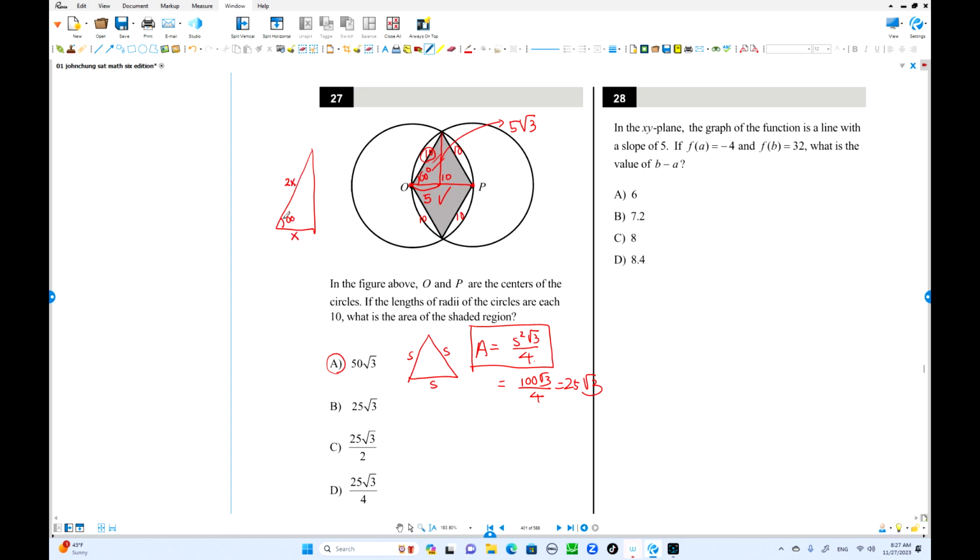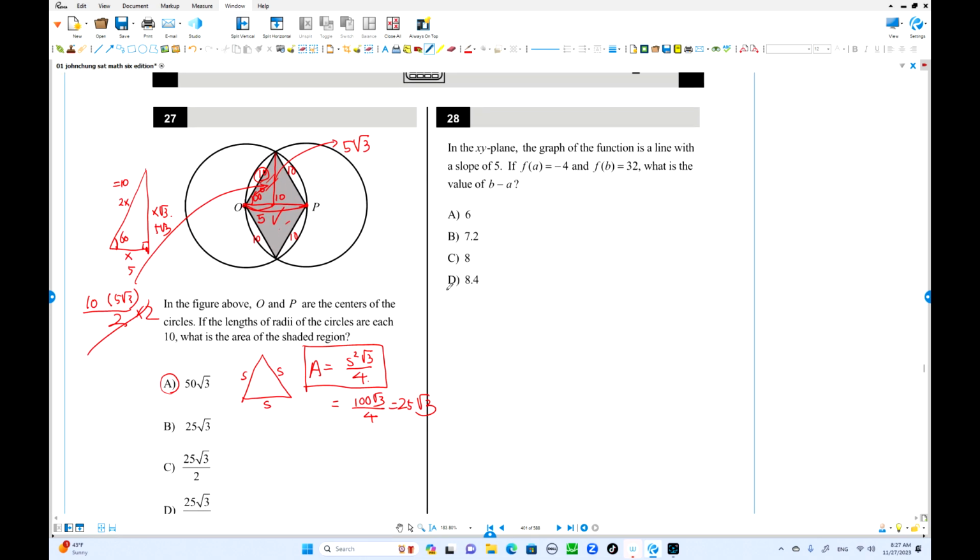This is half of this one, and this side is square root 3 times this short side. If this is 10, this is 5. x is 5, this is 5 rad 3. So 10 times the height 5 rad 3, divided by 2 is the area of this. Then times 2 again for the other side. So 50 rad 3 is the answer.